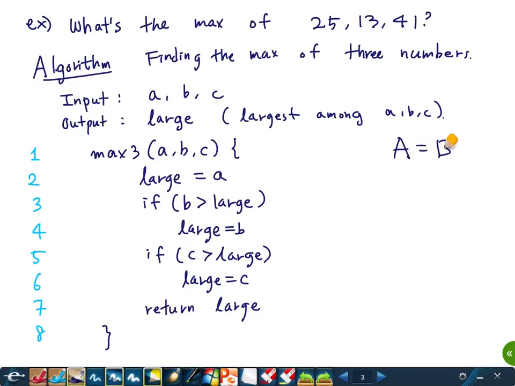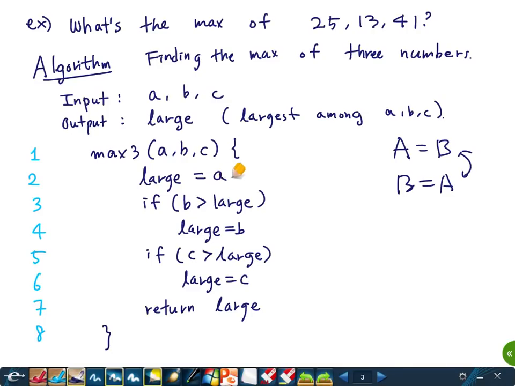This means they have the same values. So A and B, B and A, there's no distinction between these two, right? They're exactly the same in mathematics, but in pseudocode or a programming language, they are different. This means A equals B in a programming language. This means we set A to have the same value as B. So B is something already given, and we set A to be the same value as B, right? Like that. So now large becomes A.